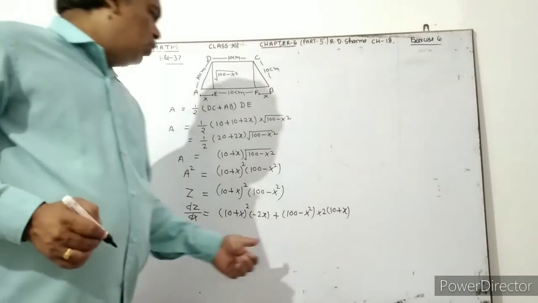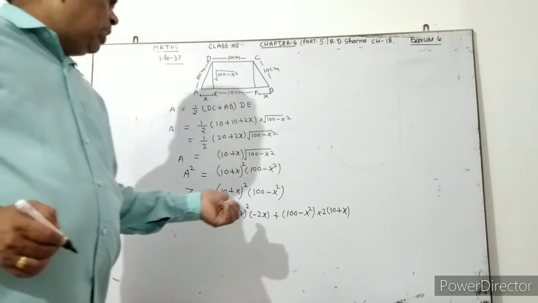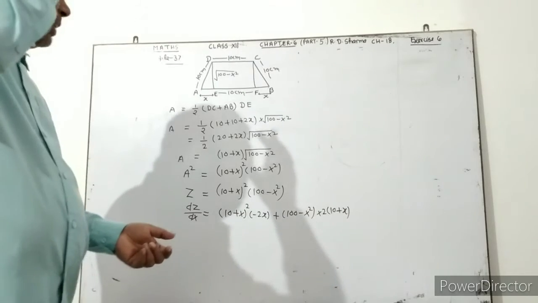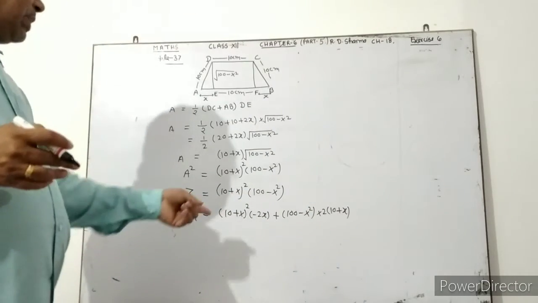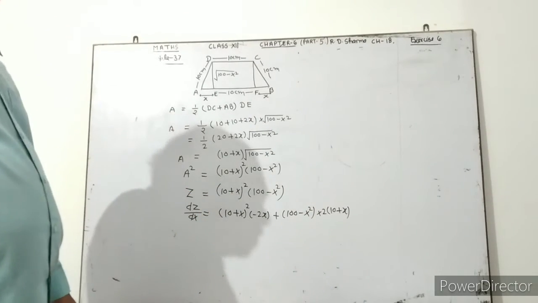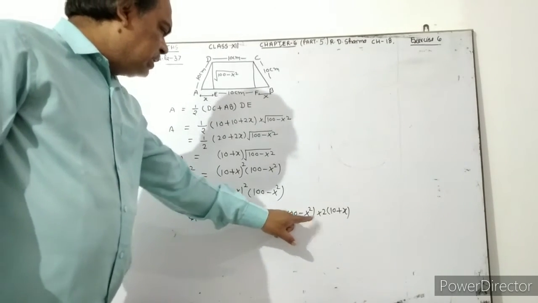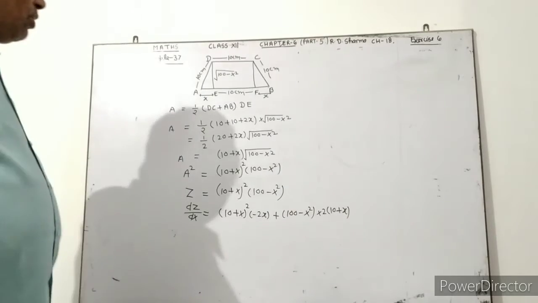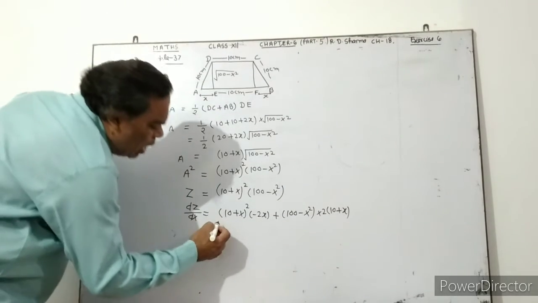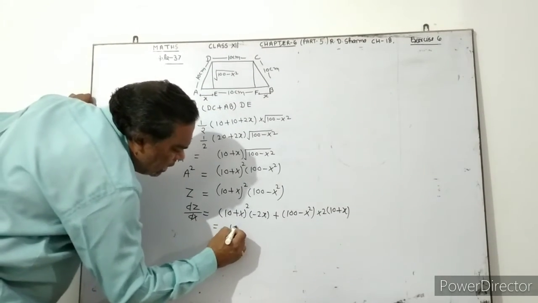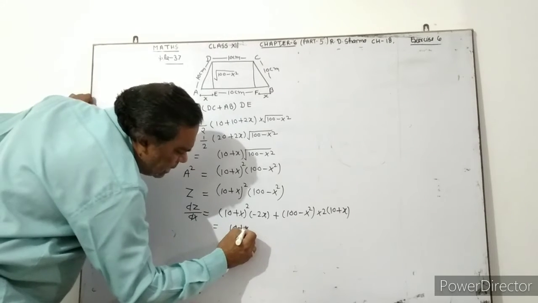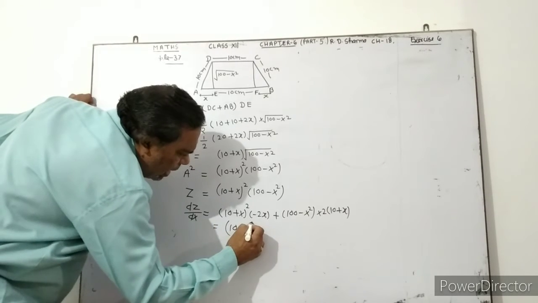Now you take the common 10 plus x whole square. 10 plus x is the whole square common. You see carefully. This is 10 minus x. This is 10 plus x. Then what is the common? Now you take the common 10 plus x whole square.